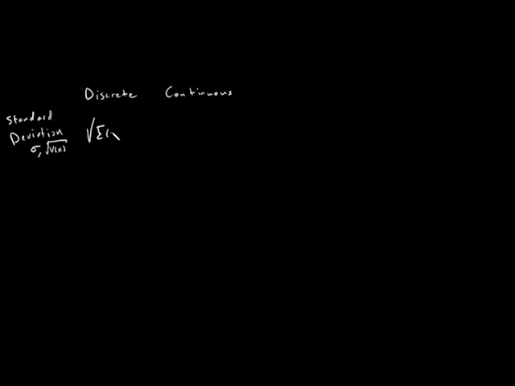There's also something called standard deviation. It's denoted with a sigma, and sigma squared was variance. This is essentially the square root of variance. So it's the square root of V of x. So for discrete, that would be the square root of x minus mu squared f of x.